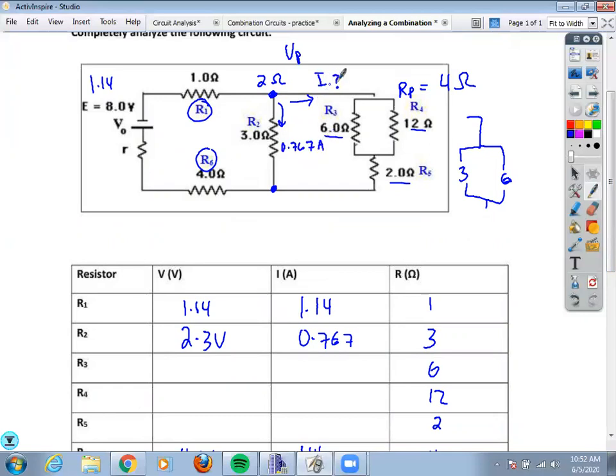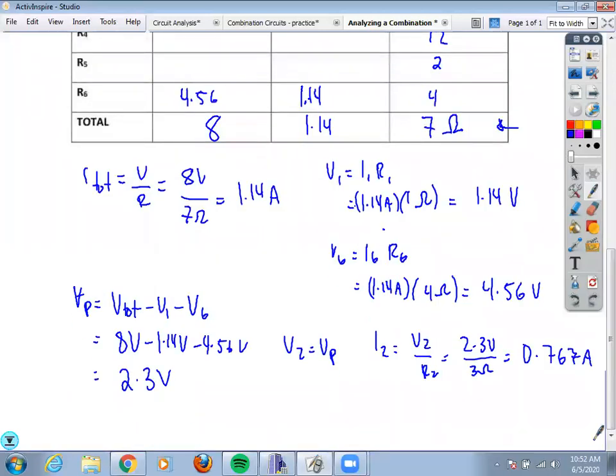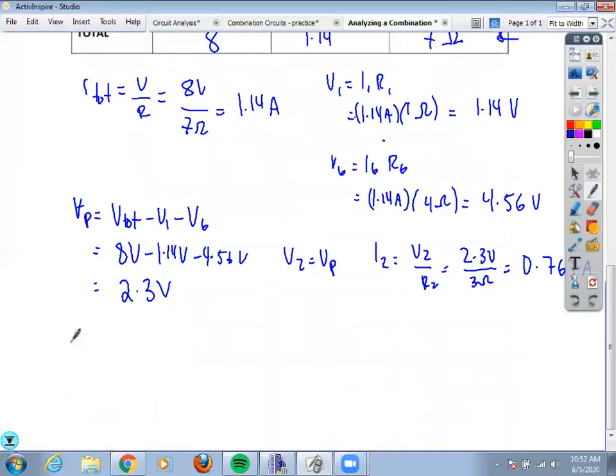we can figure out how much current goes to the right side using the junction rule, because the current going to the right and the current going to the left must add up to the total current, which is 1.14 amps. So for the parallel section, I left plus I right must equal I total.